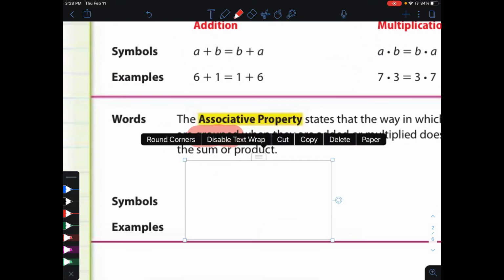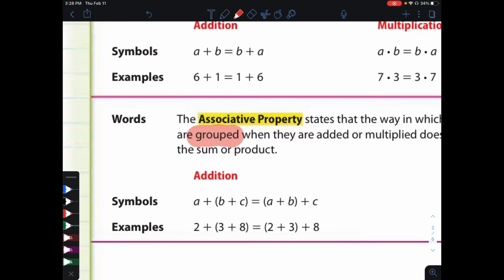With addition, in symbols, A plus the quantity B plus C is the same as the quantity A plus B, plus C. Now, if you notice in this equation right here, look at the order: A, B, and C, A, B, and C. The order did not change.